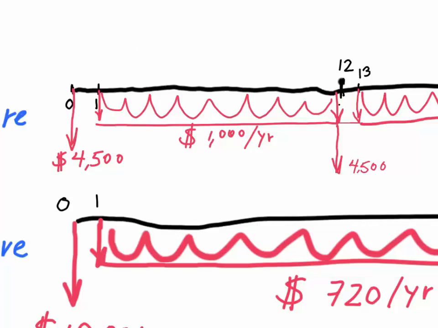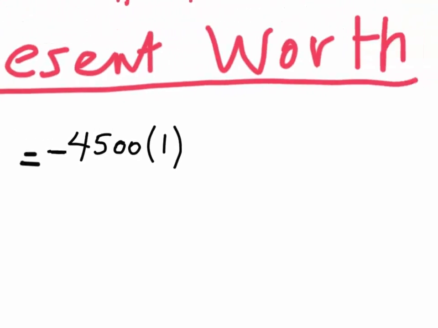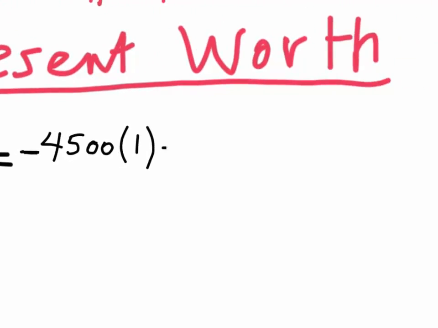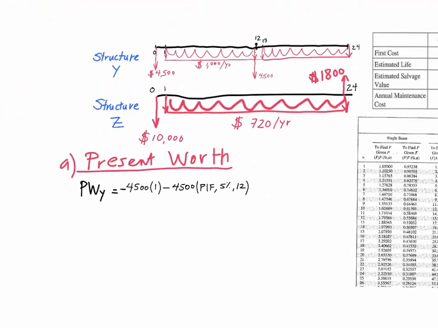Going back here to my equation, it's negative, so it's another expense, 45 multiplied by the p given f factor. You're having this as a future, and you're bringing it to the present. So that one will be p given f 5%, this is our interest rate or minimum attractive rate of return, 5%, and then 12. So done with two terms so far.